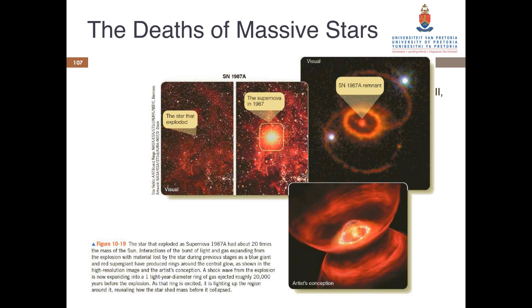The shock wave from the explosion is now expanding into a 1 light-year diameter ring of gas ejected roughly 20,000 years before the explosion. As that ring is excited, it is lighting up the region around it, revealing how the star shed mass before it collapsed.